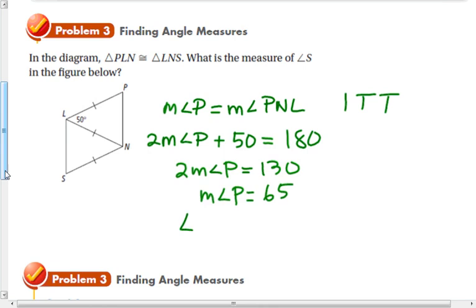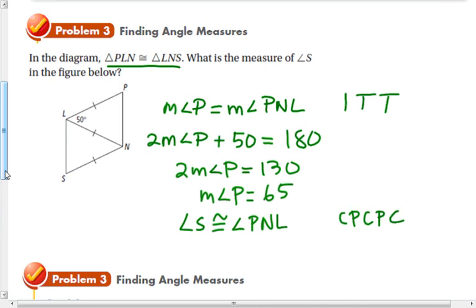Now, angle S is congruent to angle PNL, and that's because the two triangles are congruent, so corresponding parts of congruent polygons are congruent.